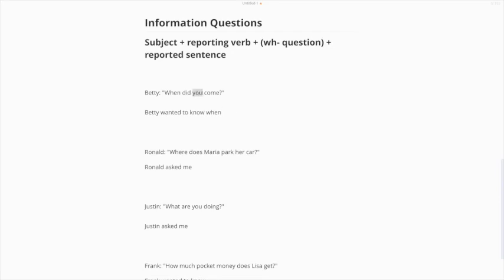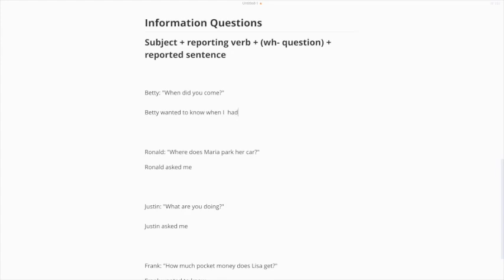When did you come? And because she's talking to me, then I'm going to report it as I. I am the subject of the reported sentence. Betty wanted to know when and then past participle, past perfect. So the auxiliary for past perfect is going to be had.